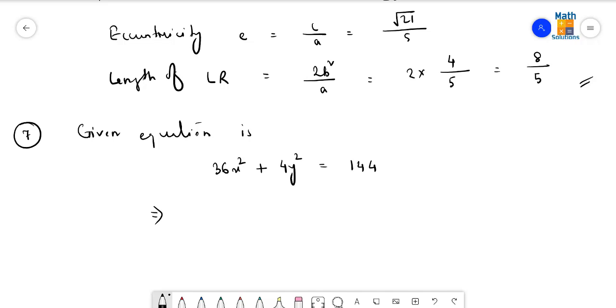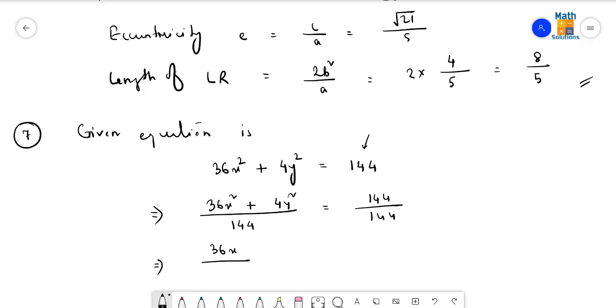For that, both the sides will have to be divided by the term present on the right hand side. So 36x square plus 4y square, whole thing is divided by 144, equal to 144 by 144. Let us separate the terms now. 36x square by 144 plus 4y square by 144 is equal to 1.